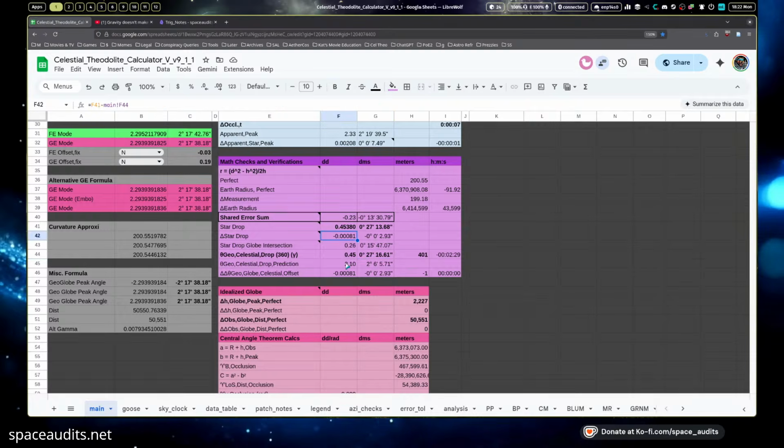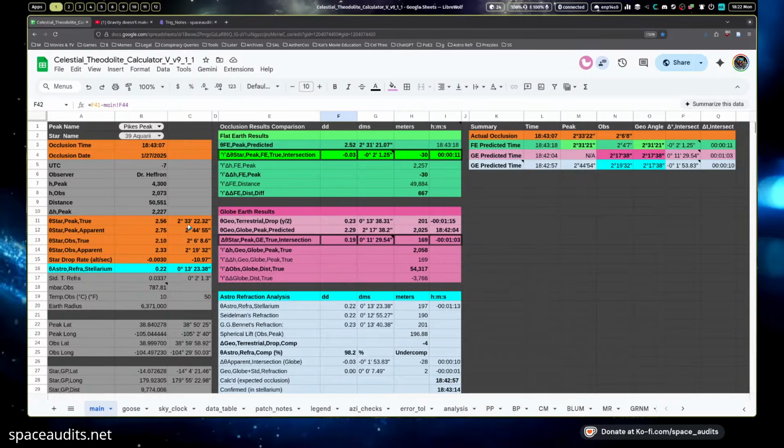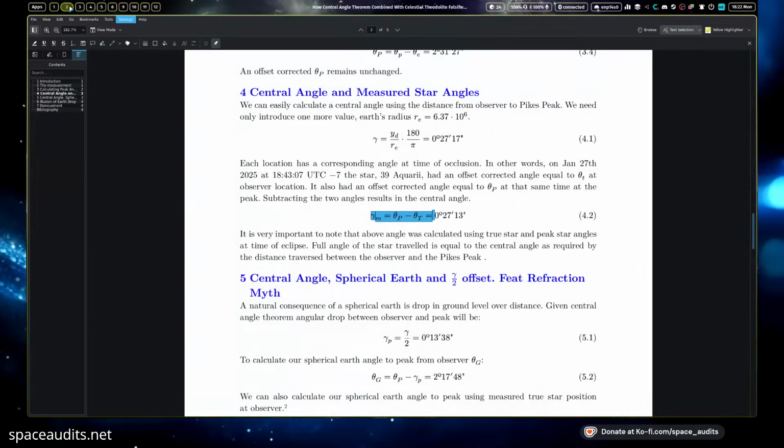All that is basically just comparing the math predictions versus where they turned out to be, just to make sure everything lines up in Stellarium and whatnot. So all that's done there. It's just showing that relationship. It's very important to note that the above angle was calculated using the star's true position and the angles at the time of the occlusion for the peak and the observer.